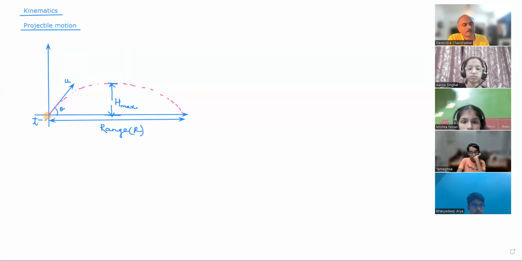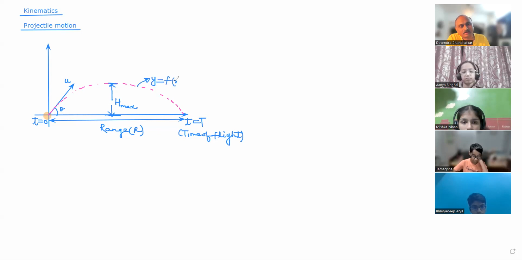Also, we will try to find the time taken by the projectile to come to the ground. This is called time of flight. And the last thing we would like to find is the curve, y is equal to f of x.